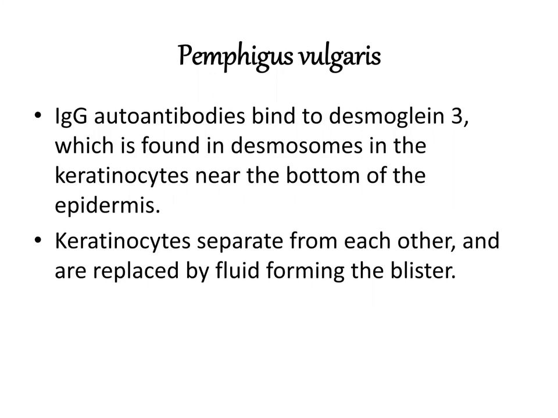So IgG autoantibodies bind to desmoglein 3, which is found in desmosomes, and keratinocytes separate from each other. And so in the blister, there will be separated keratinocytes and the serous fluid.